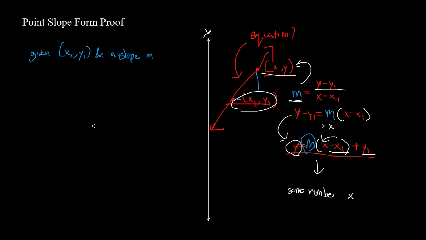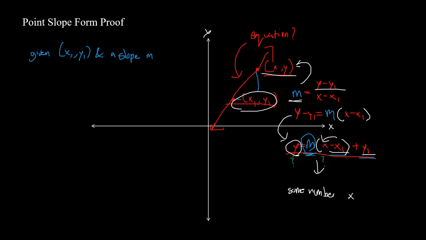So let me repeat what I just said. Given a slope m and a point x1, y1, we can rearrange this equation to get y equals m, parentheses x minus x1, plus y1. We don't know what y or x is, but we know everything else.